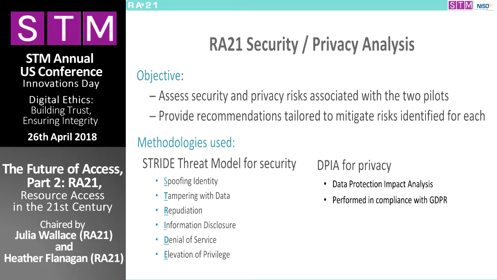Right now, we've assessed security and privacy using some known methodologies, and the group made recommendations to each pilot on how to address the findings. For the security analysis we use the STRIDE threat model, which evaluates for spoofing, tampering with data, repudiation, information disclosure, denial of service, and elevation of privilege, and it has multiple criteria.